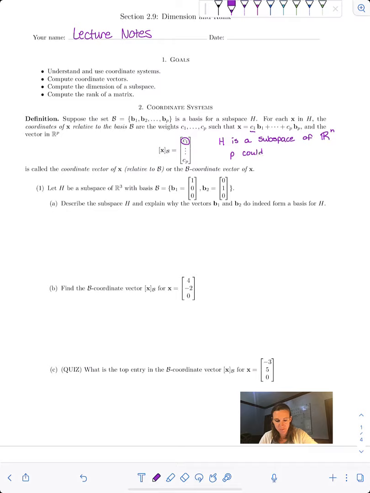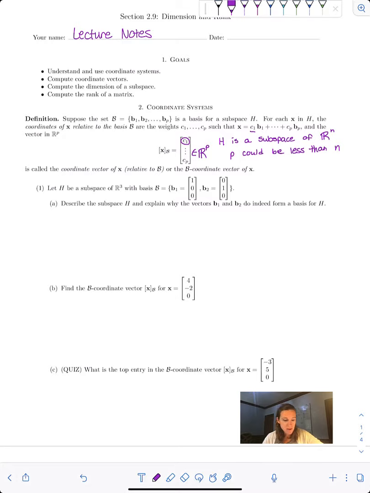The number of vectors in the basis, p, could be less than n. And so this coordinate vector might not be in Rn, it's in Rp. So just hold on to that and we'll talk about that a little bit more. This is called the coordinate vector of x relative to the basis b, or sometimes the b coordinate vector of x.